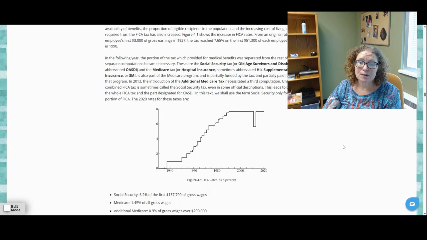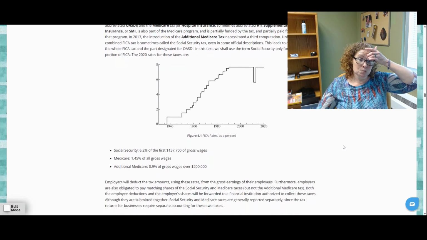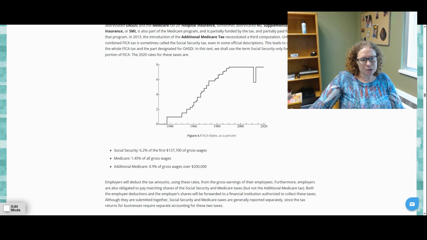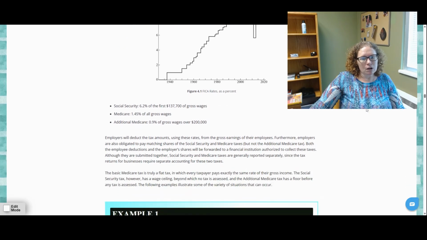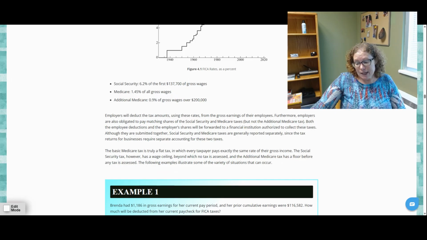So we're going to look at those in these questions. We're going to use the rates that we have in the book for our assignments. So we're going to look at Social Security being 6.2% of the first $137,700 of gross wages.